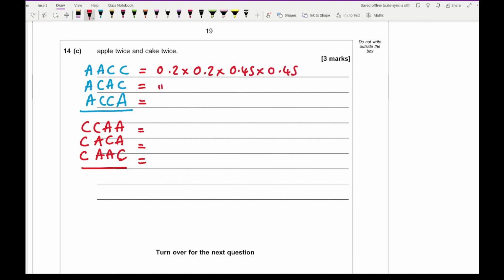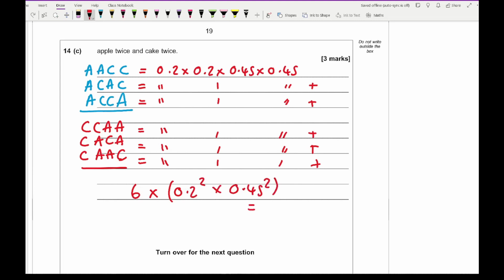Then the second row is just going to be the same numbers but multiplied in a different order. And then moving on to the next set, that's going to be exactly the same. And then all we then need to do is just simply add together all those probabilities. So ultimately what you'd end up with is 6 times 0.2 squared multiplied by 0.45 squared, which gives us an answer of 0.0486.